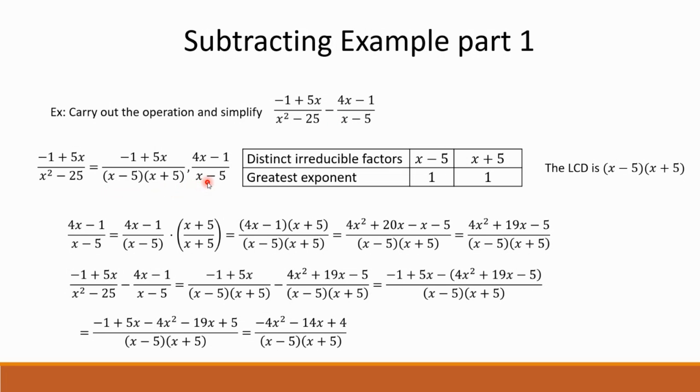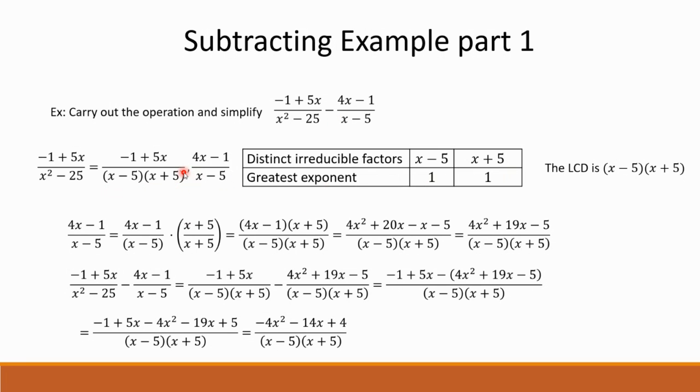So we get the irreducible factors, right? The distinct ones, we list them. We have x minus 5, that's listed. We list x plus 5 as well. X minus 5 is accounted for already. Let's look at the exponents. Well, the only exponent of x minus 5 is 1. So the biggest one is 1.